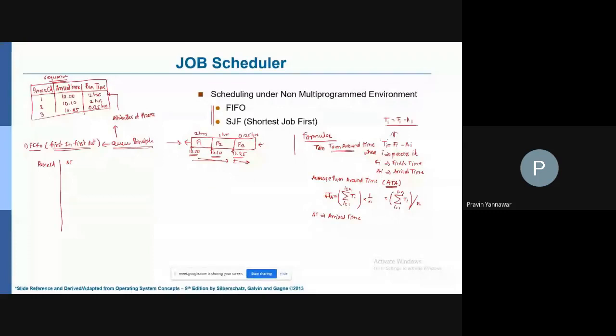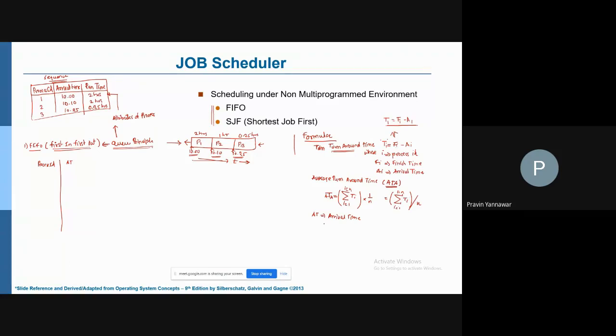If you look at the average turnaround time, if we have 3 processes in the pipeline, the average turnaround time taken by a processor to process these 3 processes is the sum of all turnaround times divided by the number of processes. So ATA, the average turnaround time, equals 1 upon n times the sum of all Ti, where i goes from 1 to n.